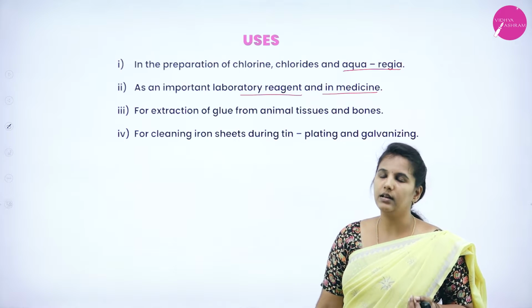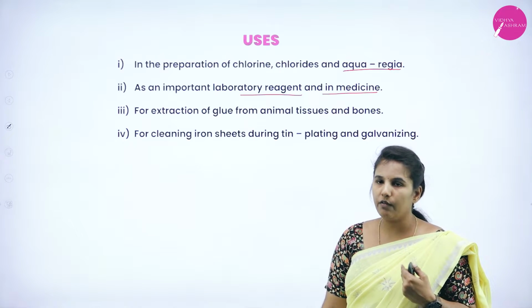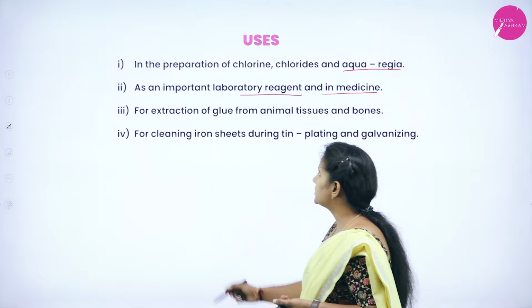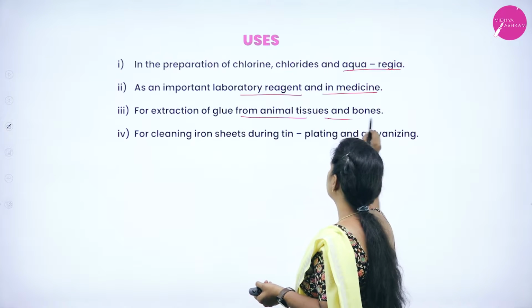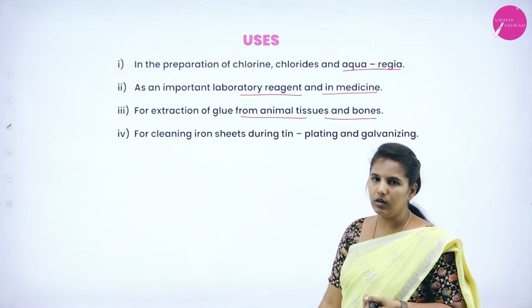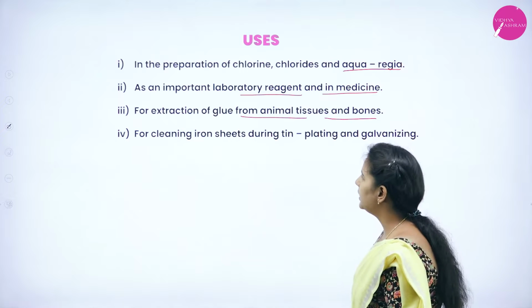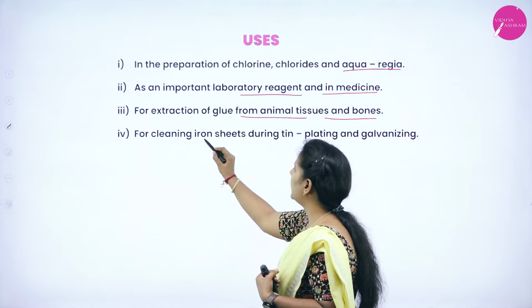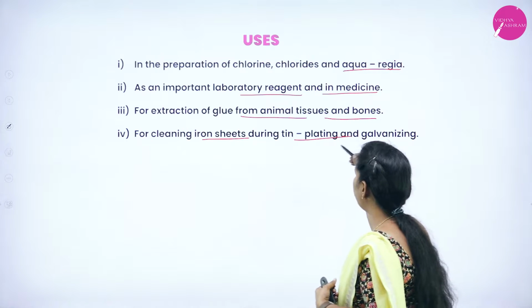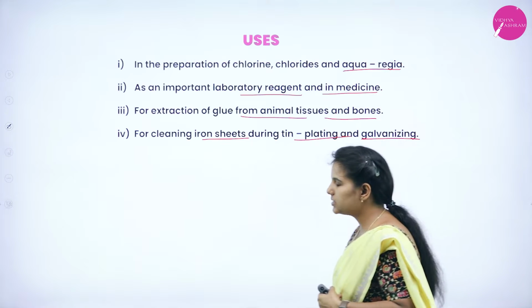Hydrochloric acid plays an important role in the extraction of glue from animal tissues as well as from bone. We use it for cleaning iron sheets during tin plating and in the galvanization process.